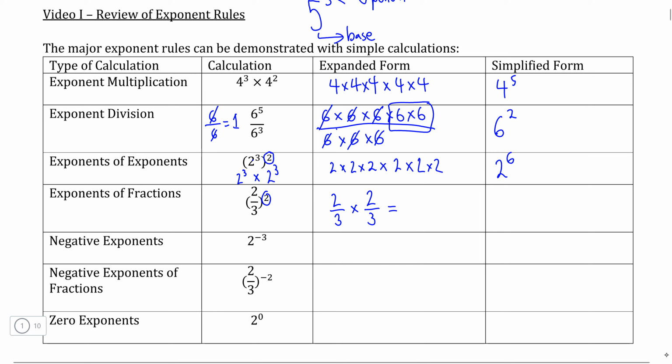Now, we can rewrite the fraction as 2 times 2 in the numerator over 3 times 3 in the denominator, like this. In other words, we can rewrite this as 2 to the power of 2 divided by 3 to the power of 2.